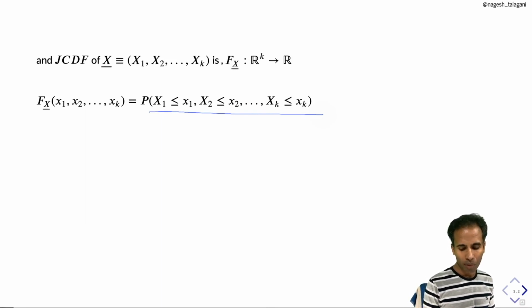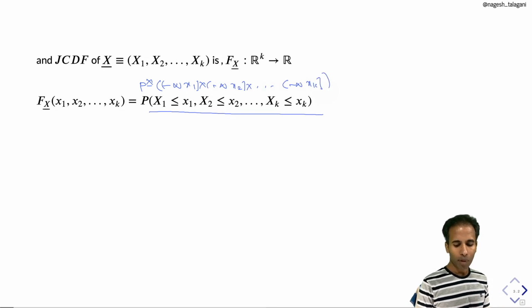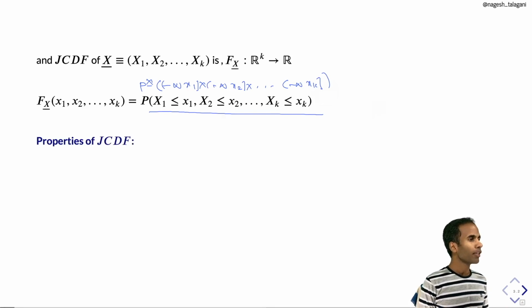In terms of probability distribution, we can say this is P_X of this basic event, minus infinity to x1 cross minus infinity to x2, and so on, cross minus infinity to xk. So the probability of this basic event under P_X is going to be the joint CDF value at (x1, x2, ..., xk).